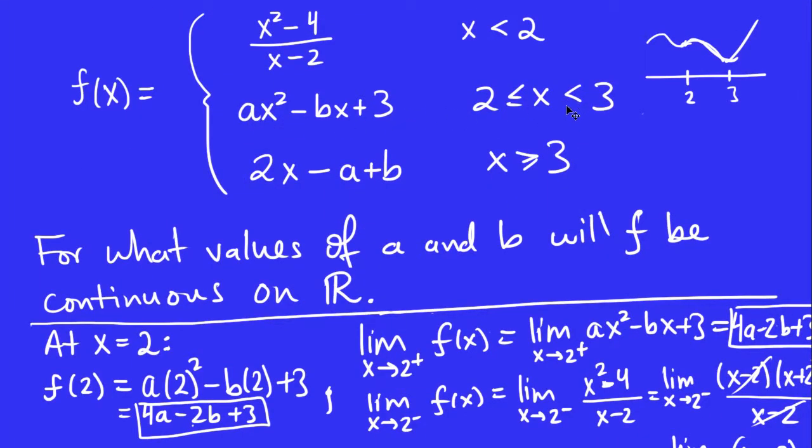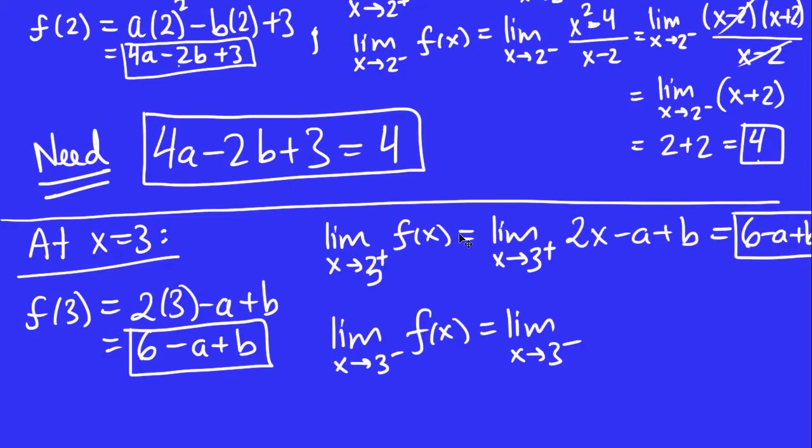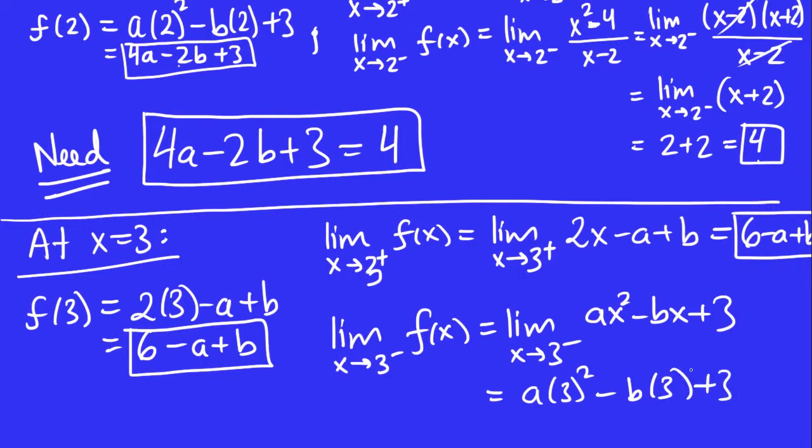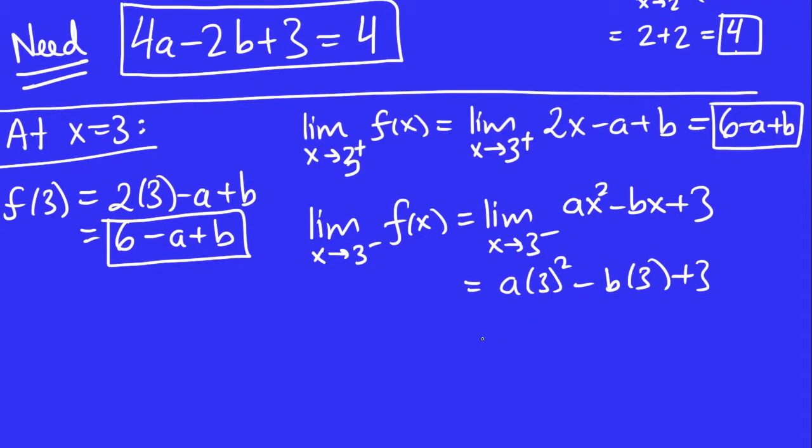Because when x is a little bit smaller than 3, I should use this ax squared minus bx plus 3. To do this limit, it's simple because this is a polynomial. We just put it in. And let's see what we have. We get 9a minus 3b plus 3.